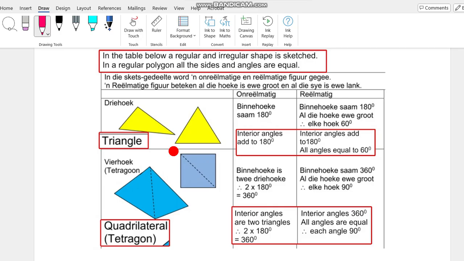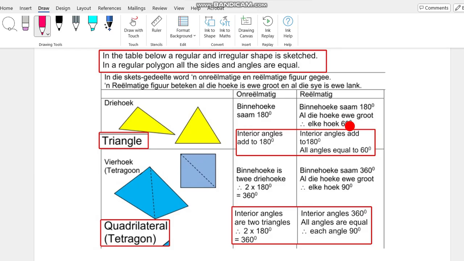You know a triangle is 180 degrees inside. Whether it's irregular or regular, the inside always stays 180. The only thing that changes is that the angles will not be the same.